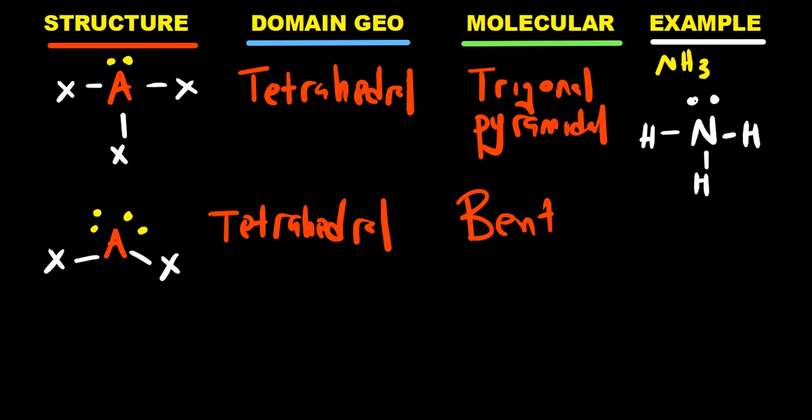Let's say instead of being connected to 4 things, let's say our A is connected to 5 things. So this is A, our central atom. Our A is connected to 5 things: 1, 2, 3, 4, 5.